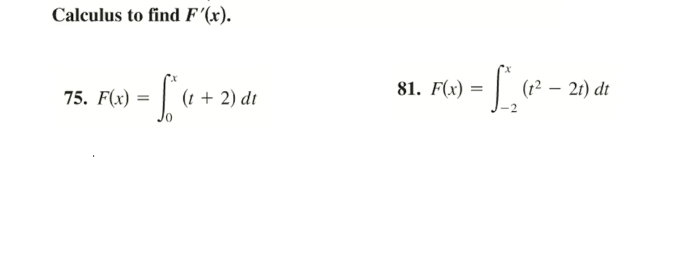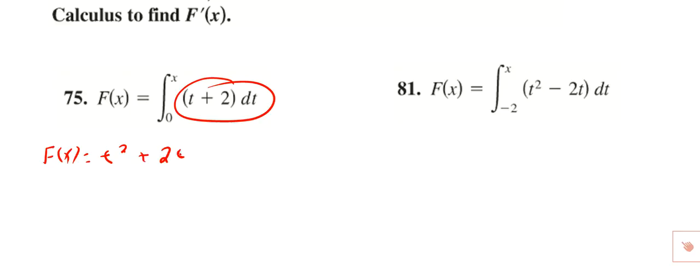So capital F of x is the antiderivative of this, and the antiderivative of t plus 2 dt is t squared plus 2t. Then evaluate that from 0 to x.